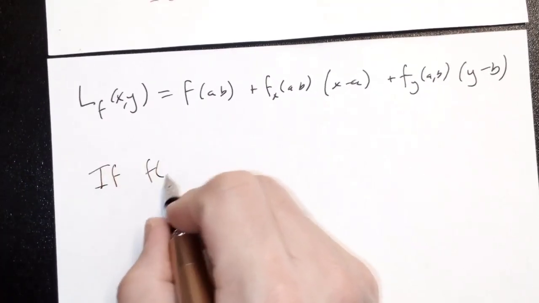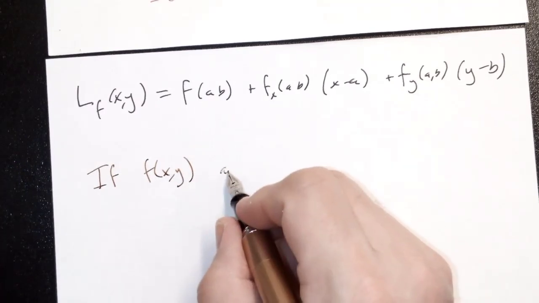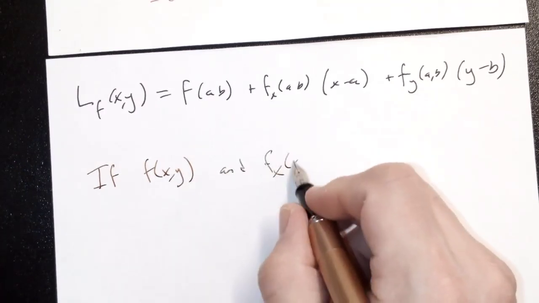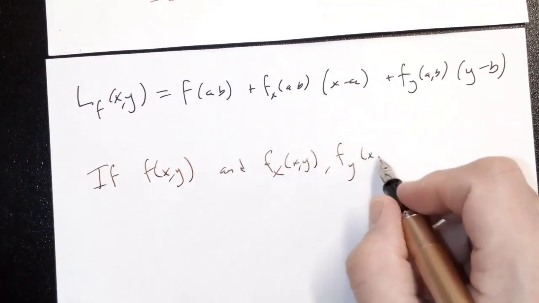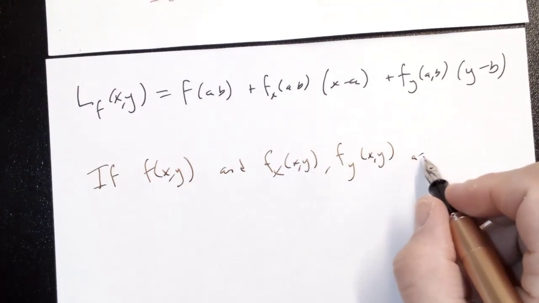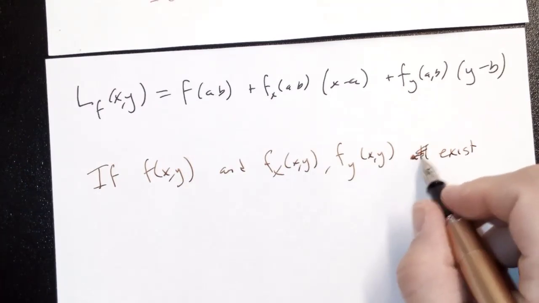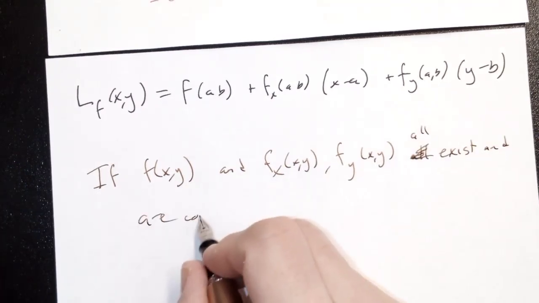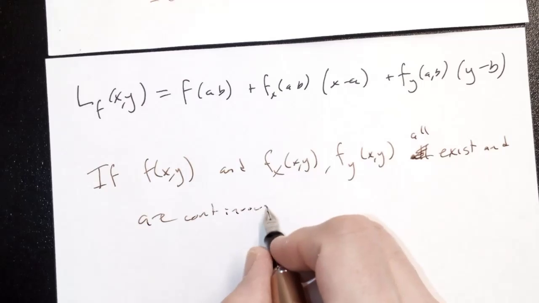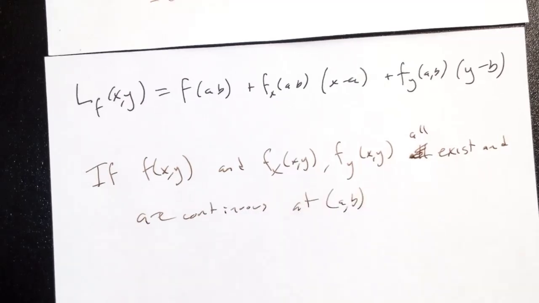If f of x, y and the partial derivatives with respect to x and y all exist and are continuous at some point a, b, then my function is differentiable.